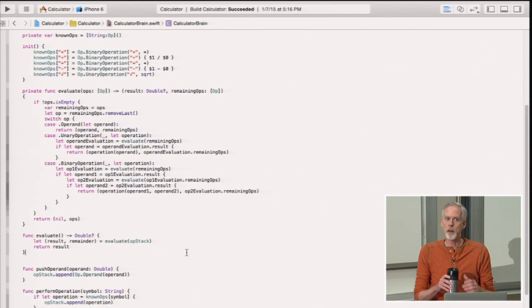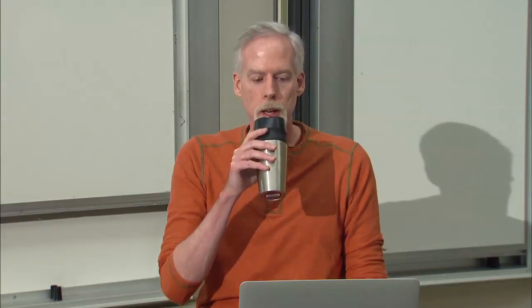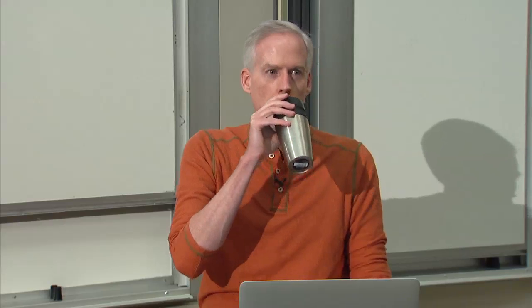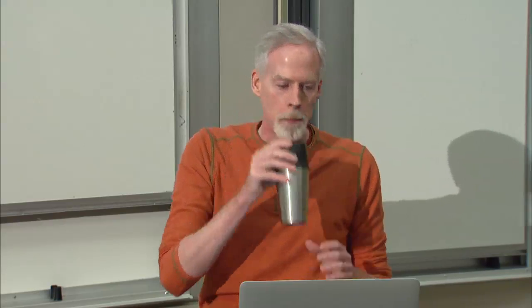So we learned a lot right there. Okay? We learned about tuples, passing things back to tuples in different ways, how to ignore things in the enums when we're getting associated values, all that stuff. So hopefully you got all that. I see a few people still kind of catching up on their typing, so I'll break for a second here. So that's it. That's the entire implementation of our calculator brain. It wasn't really that bad, actually, right?